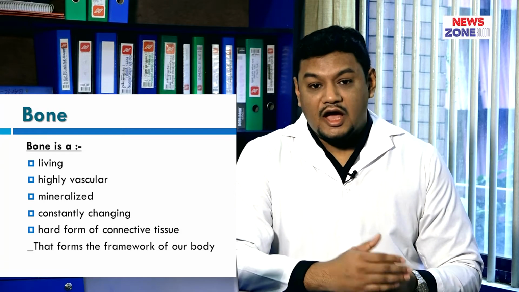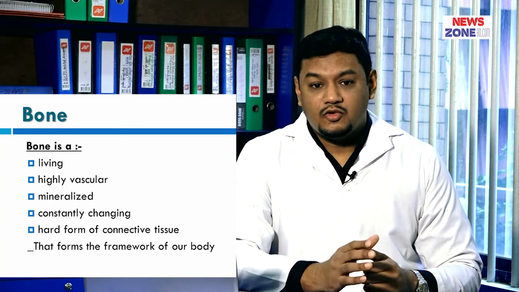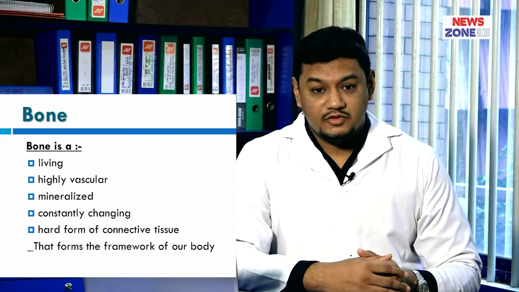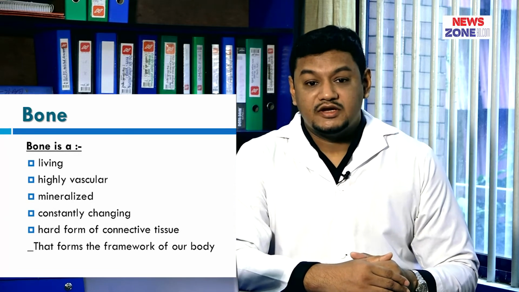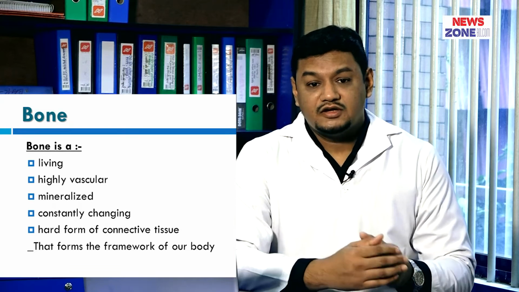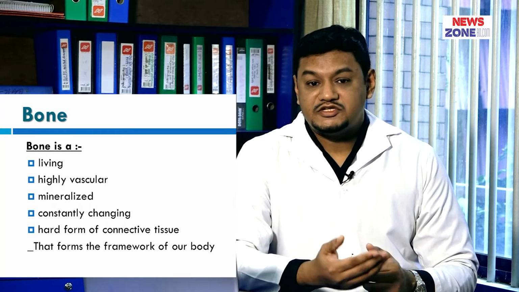After adulthood, when the person is growing into an older form, the bones become fragile because some of the organic part of the bones is lost. At the same time, it is very important to know that after a fracture, the bone tries to regain its normal size and normal shape.